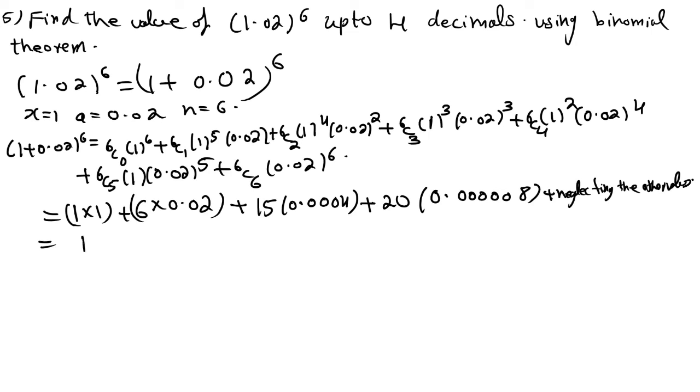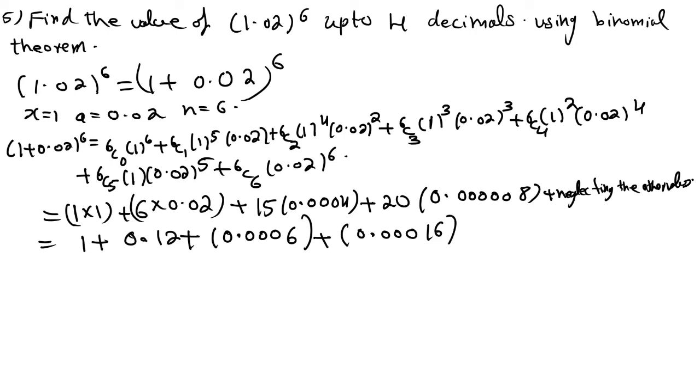Now multiply 1 into 1 is 1, plus 6 into 0.02, it's equal to 0.12, plus 15 into 0.0004 equal to 0.006, and next plus 20 into 0.000008, it's equal to 0.00016, and neglecting the other values.